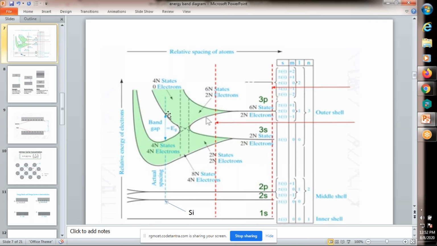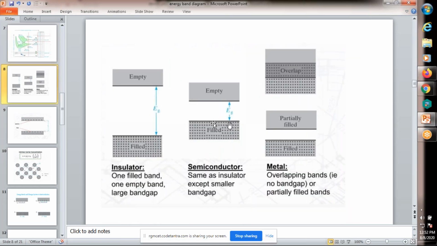Remember this one. Finally there are only two energy bands: the valence band and the conduction band. The valence band is always filled with electrons.